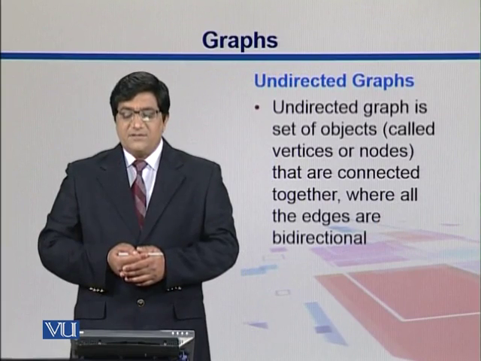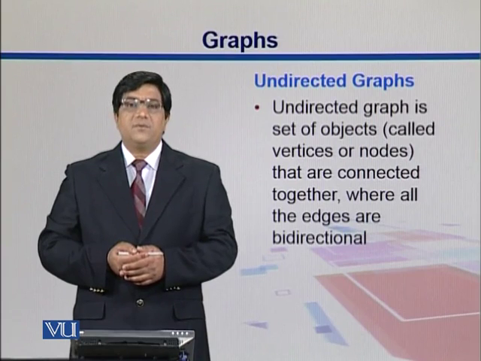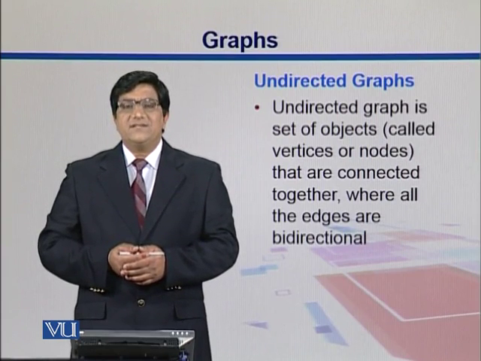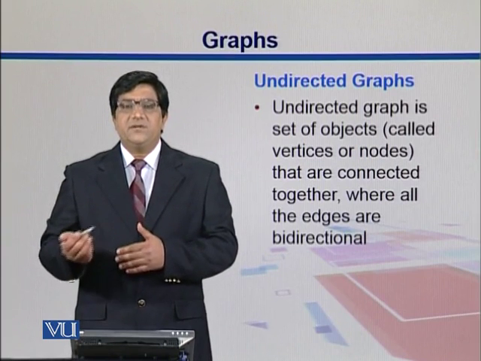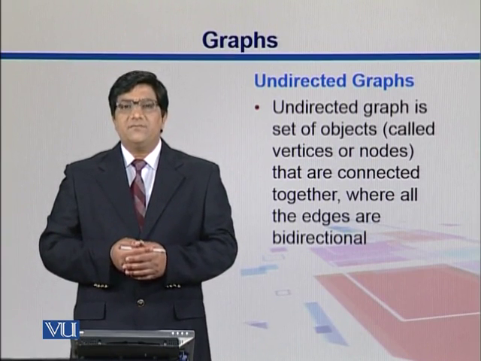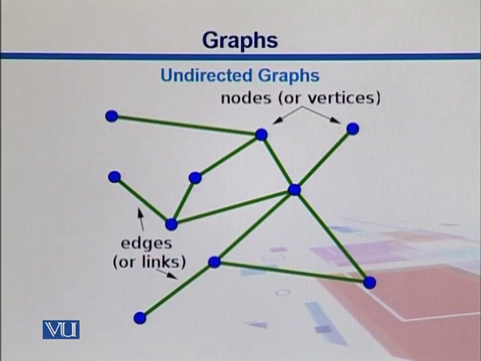An undirected graph is a set of objects called vertices or nodes that are connected together where all the edges are bidirectional. So we can say that there are no directions. Actually A can influence B and B can influence A. Sometimes we put directions on both sides, but in most cases we see pictures without directions, which is why they are called undirected graphs.